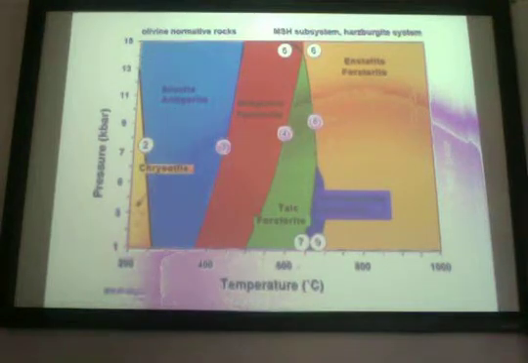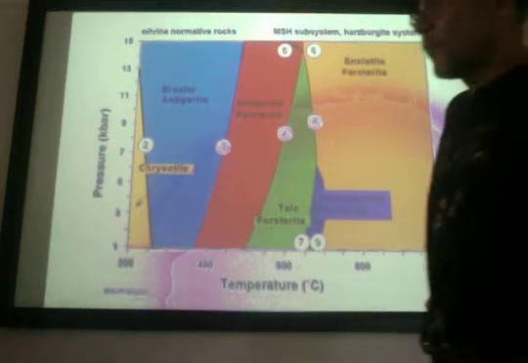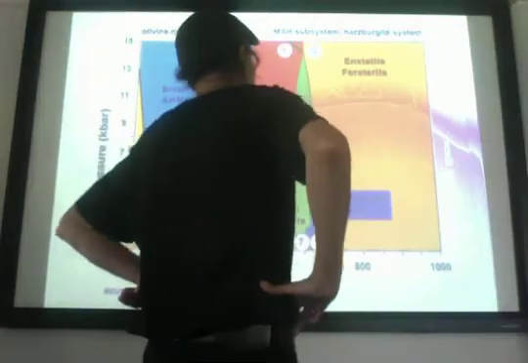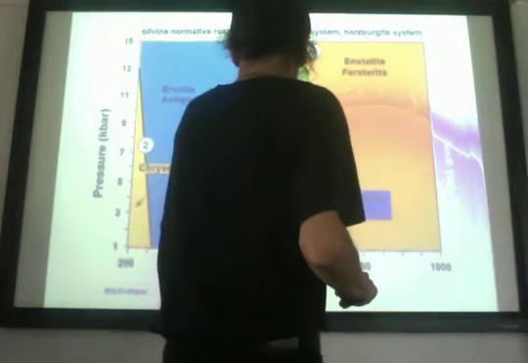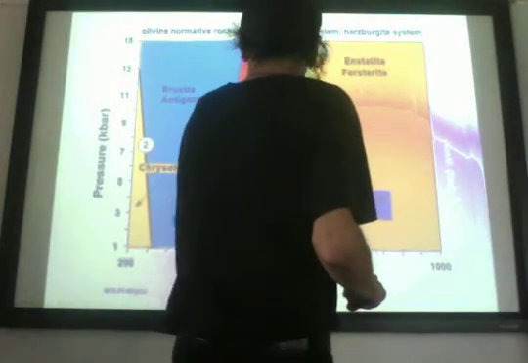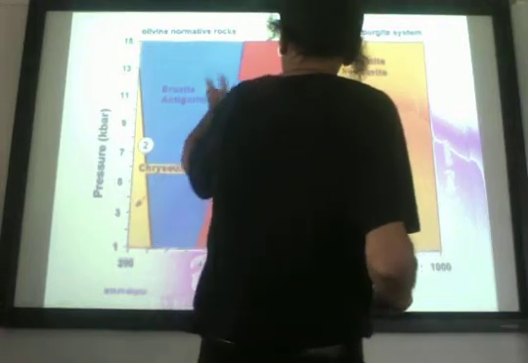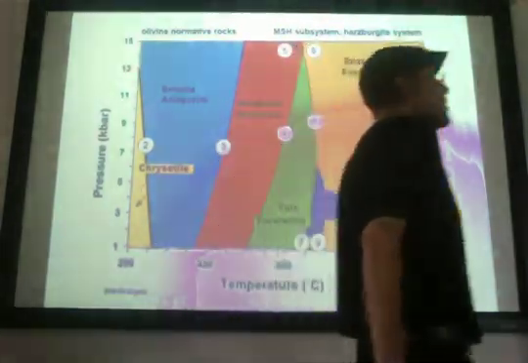Here you have the phase diagram from the MSH subsystem of the harzburgites, yeah, in olivine normative rocks. That means we have here again the enstatite, the forsterite, anthophyllite, talc, forsterite, antigorite, forsterite, brucite, antigorite, and the chrysotile.